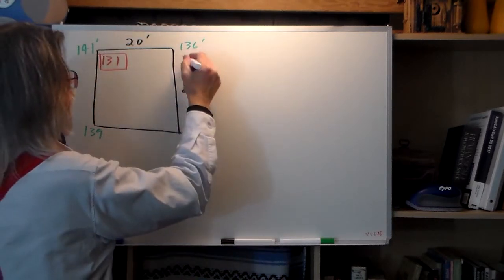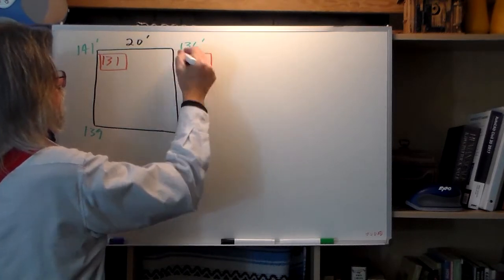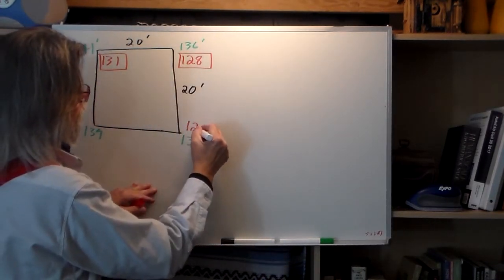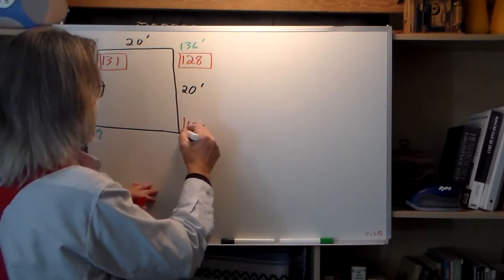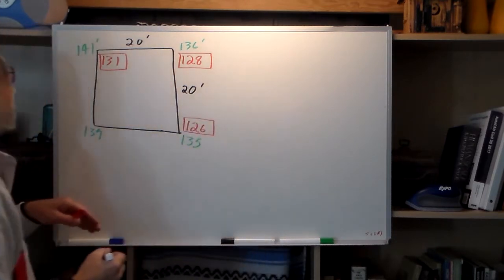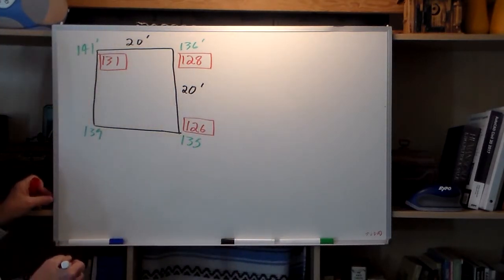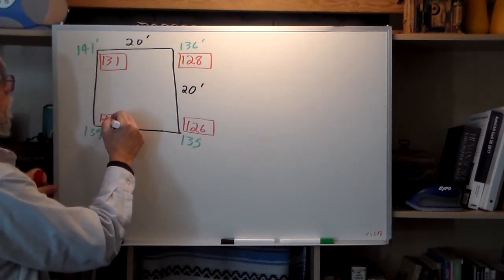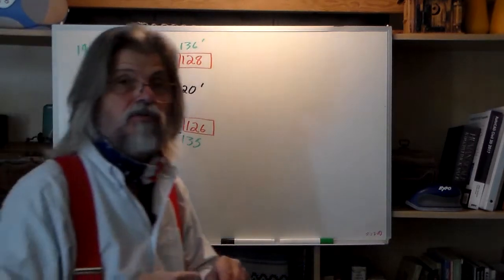Here we get 128. Here we get 124. Now let's make it 126. And 127 over here. We're using whole numbers. That's good enough.